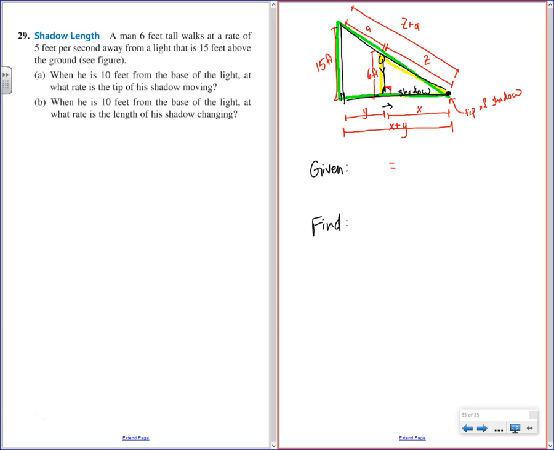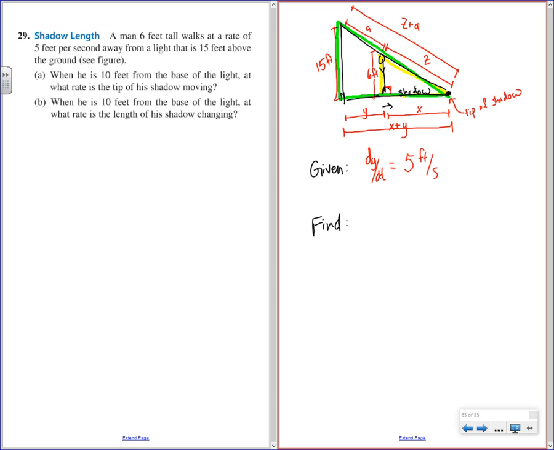Close, but it's not dx/dt. dx/dt has to do with his shadow changing. d(x plus y)? No, that wouldn't work, because that's the entirety. dy/dt? Yes, dy/dt: how fast his distance from the light pole is changing. dy/dt is equal to 5 feet per second, and since it's growing, we can say a positive 5 feet per second.